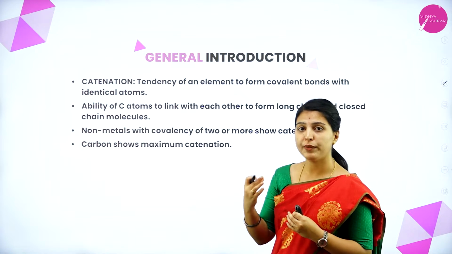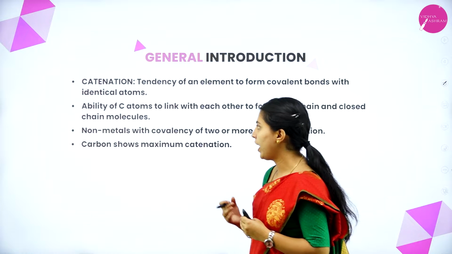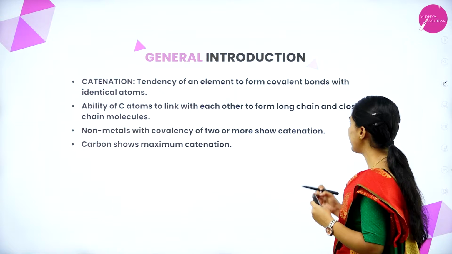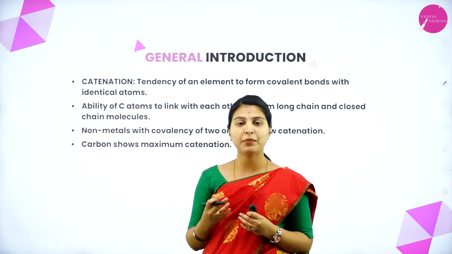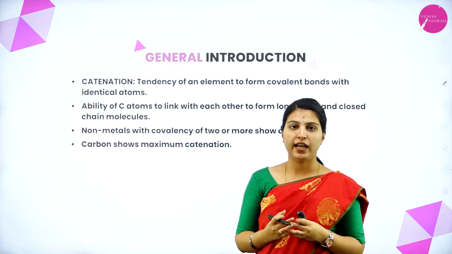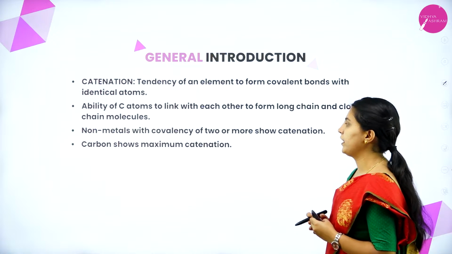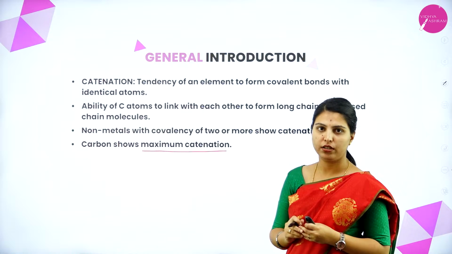The tendency of forming covalent bonds with identical atoms we call catenation. It is the ability of carbon atoms to link with each other to form long chain and closed chain molecules. Not only that, carbon has the capacity to form bonds with other elements as well. Non-metals with covalency of 2 or more show catenation. Carbon shows maximum catenation.